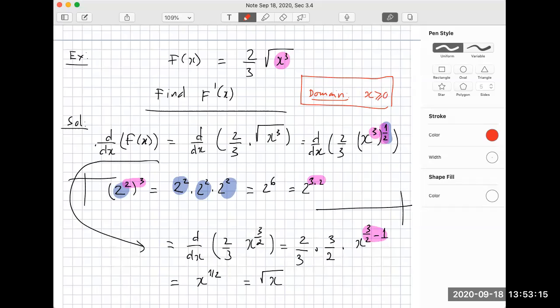This is the domain, okay? So now, this is the way we study in section 3.1 about the rule of polynomials. But now we can apply the chain rule, okay?